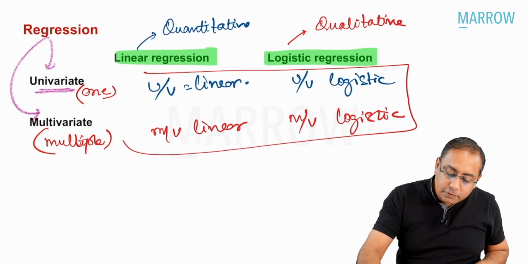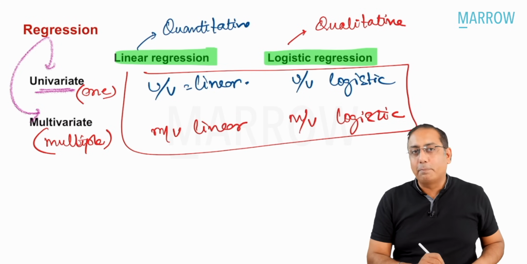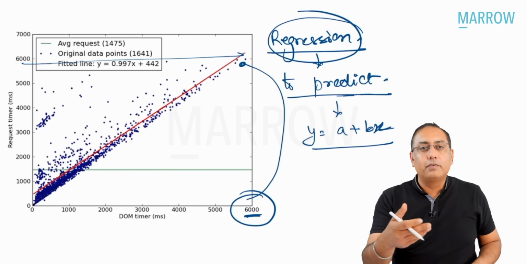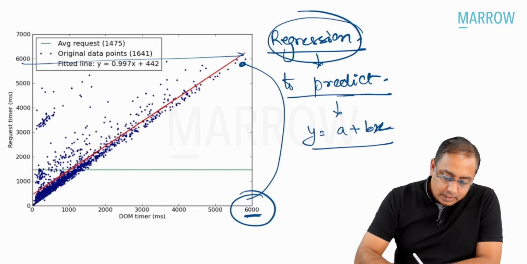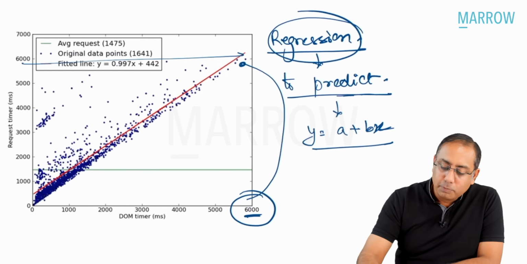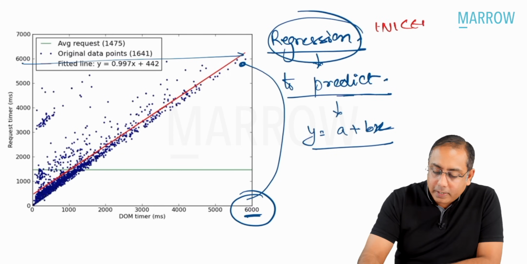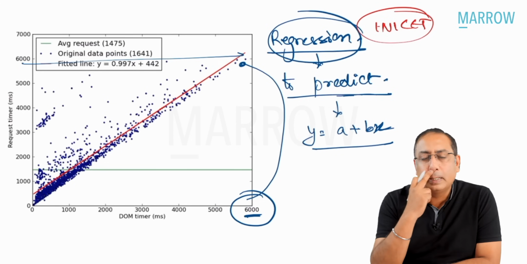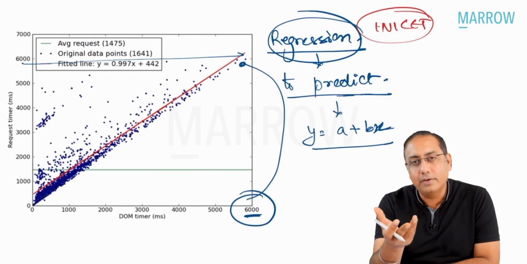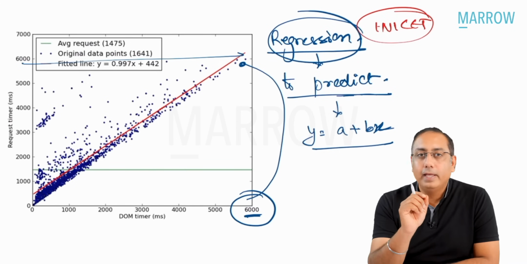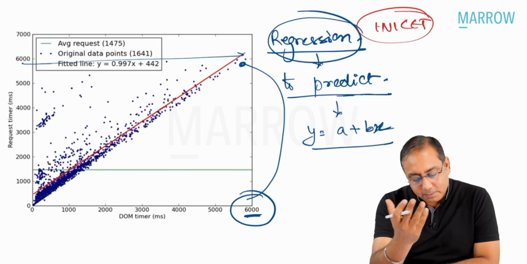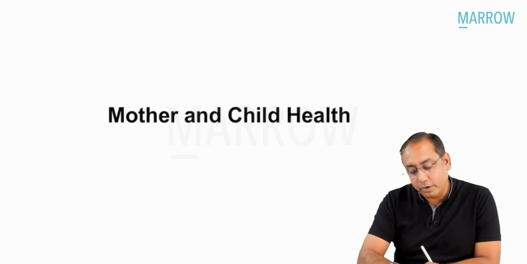Four different types of regression analysis can happen using these types of scatter plots. Of course, regression analysis is more from an INI-CET point of view. It is almost never asked in the NEET exam and obviously never asked in the FMG exam. Regression analysis has been asked in your AIIMS exam, in your INI-CET exam. So it's only important from that point of view.